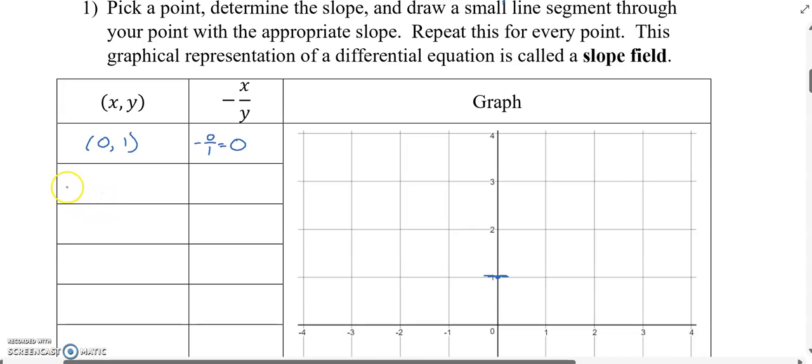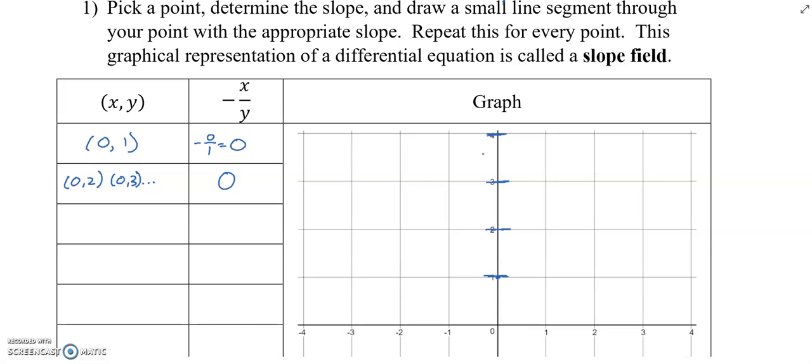And you might think about other points, for example, (0, 2), and (0, 3), and (0, 4), and (0, anything). Those are all going to have the same horizontal slope. I'm not going to draw a very long horizontal line because tangent lines are local linear approximations, so our curve only looks like this in that general region.